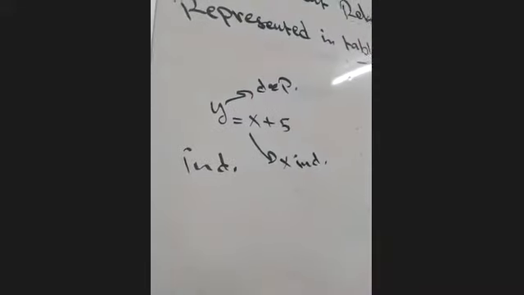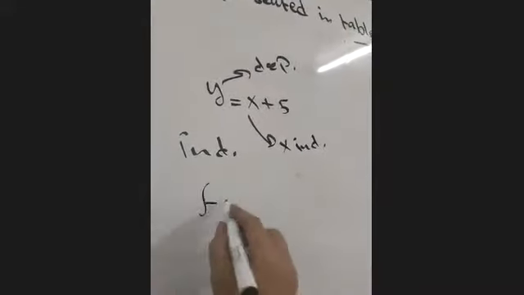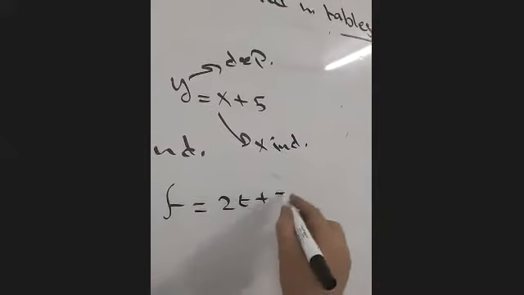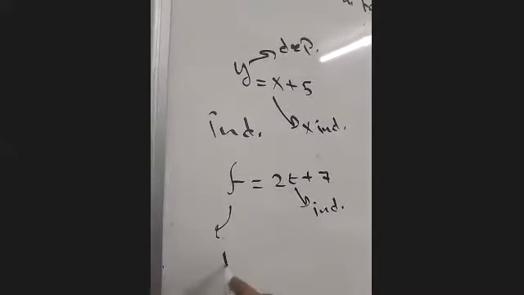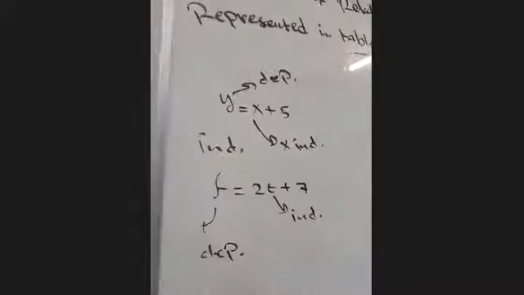We said that many times. For example, if we have f equal to t plus 7, the t here is the independent and the f is the dependent. We said that in the previous lesson, but I think most of you forgot that. So this is a note for it. Now let's go back to our lesson.